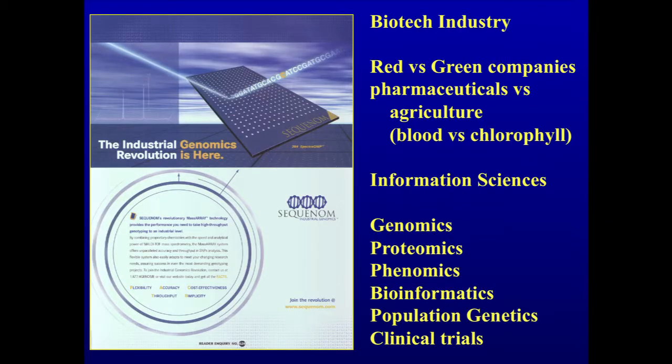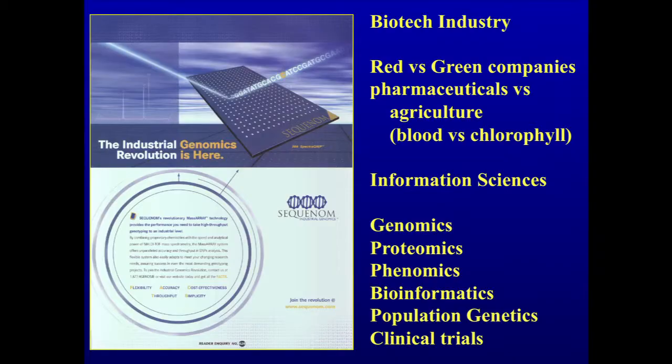We almost all can divide biotechnology industry into two sectors, red and green. Pharmaceuticals versus agriculture, for example. You can think of red as in blood, agriculture as in chlorophyll, and green.